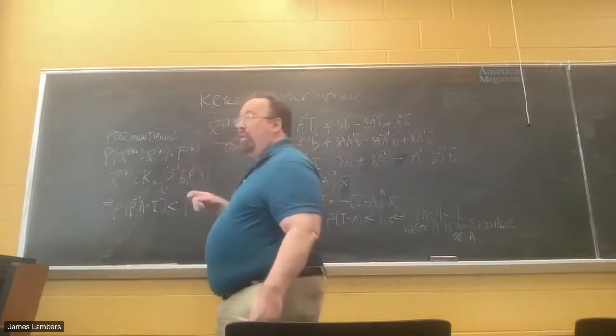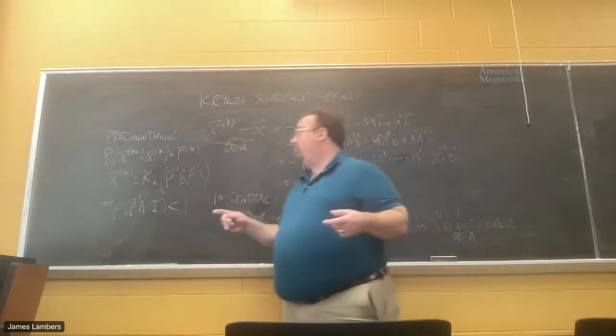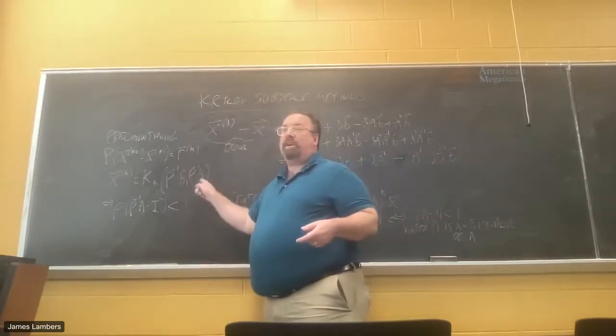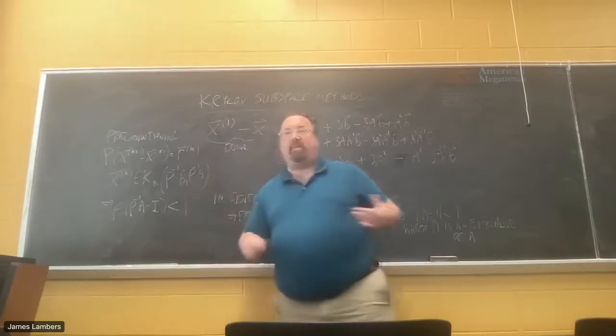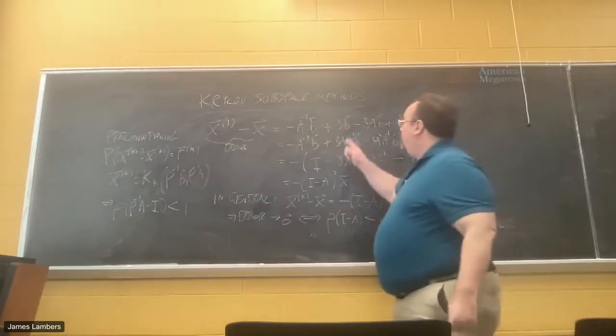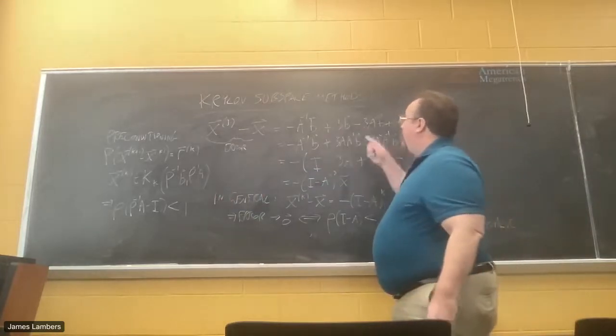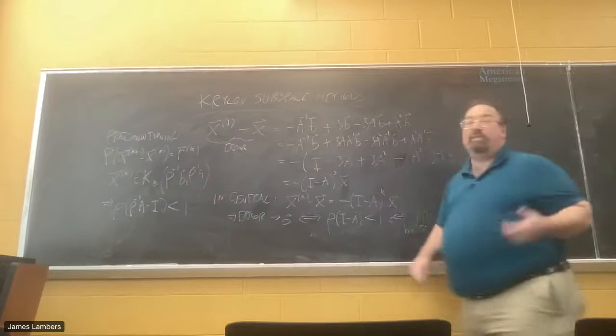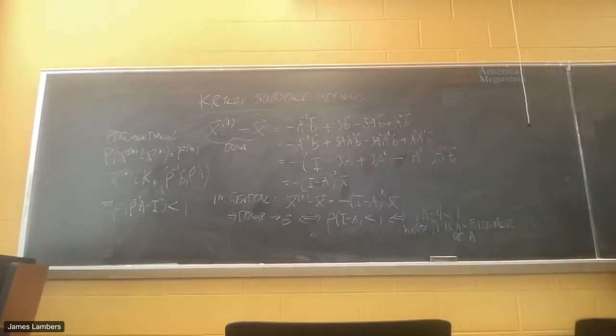Before we had a Krylov subspace generated by B multiplying by A. Here it's the same thing, but wherever you see A, it would be P inverse A. Also, wherever you see B, it would be P inverse B.